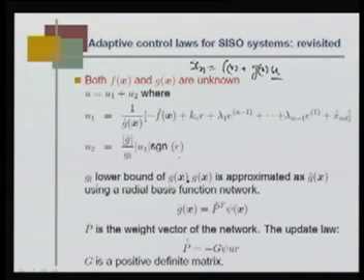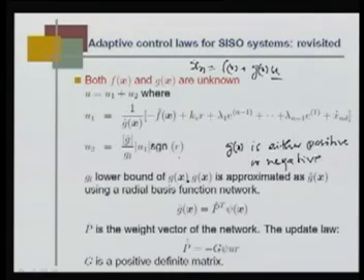What we are also assuming here is that G x is either positive or negative. G x is approximated as G hat x using a radial basis function network. G hat x is P transpose psi x, where P hat is the weight vector of the network. The update law is P hat dot is minus G psi u r, and G is a positive definite matrix.